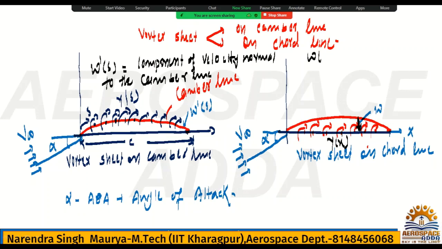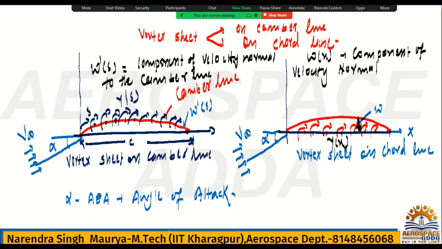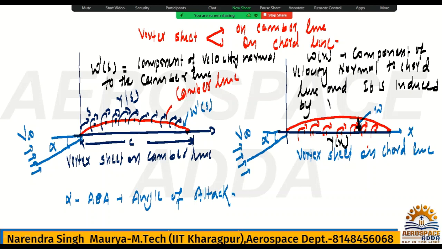Similarly, w x is the component of velocity normal to the chord line, and obviously it is induced by the vortex sheet. Both cases are induced by the vortex sheet. All right.